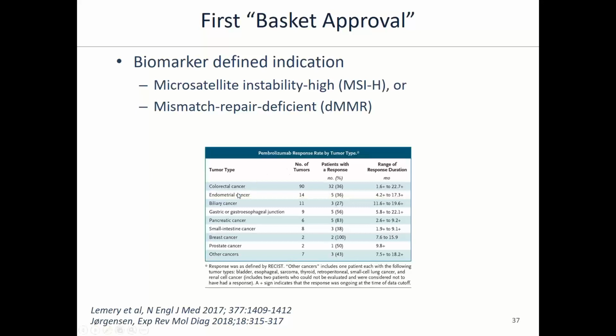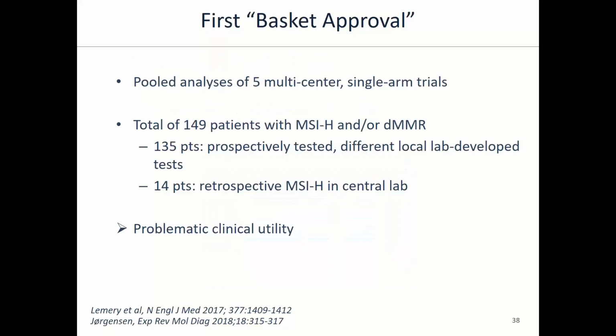So you can see here the list of the solid tumors, as long as the tumor had this biomarker, so microsatellite instability high or mismatch repair deficiency. The microsatellite instability is tested with a PCR test, and the mismatch repair deficiency is tested with an immunohistochemistry test.